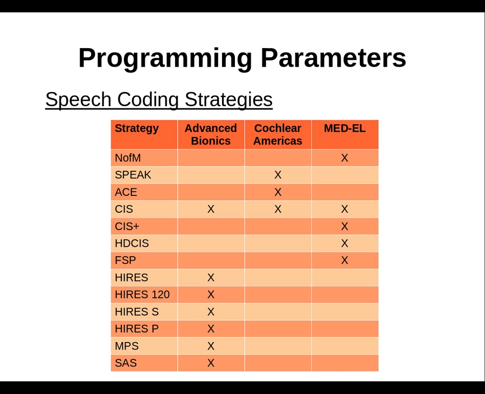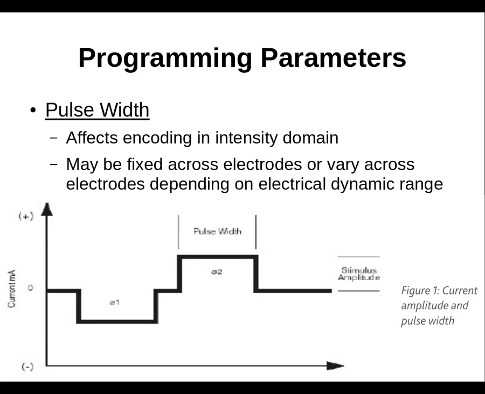One of the parameters that may be adjusted after choosing that speech coding strategy and after activation with the cochlear implant recipient is pulse width. Here's a figure on the bottom showing the typical biphasic pulse, the electrical biphasic pulse that's used with cochlear implant stimulation.